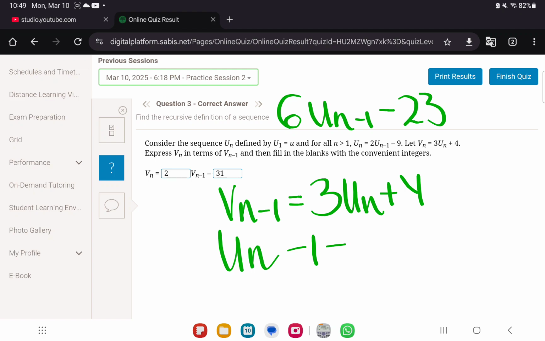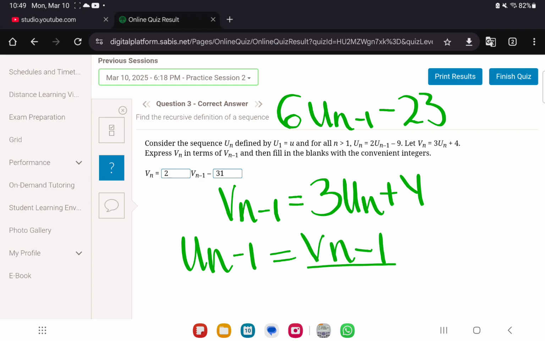If you move it around, you get Un minus 1 is equal to Vn minus 4 over 3. Here it's minus 4, sorry. That's our rule.